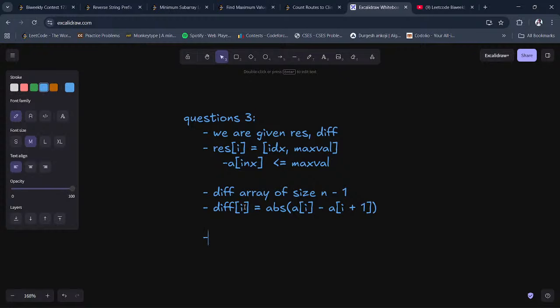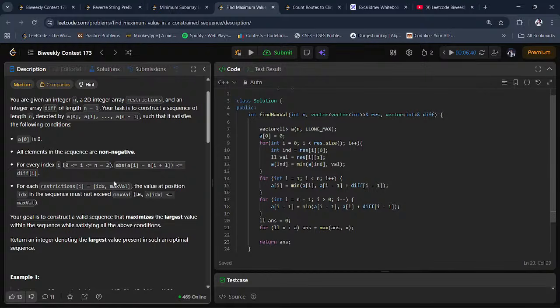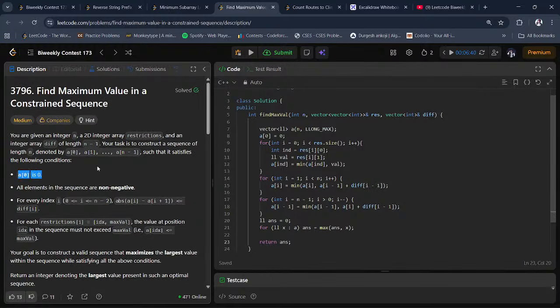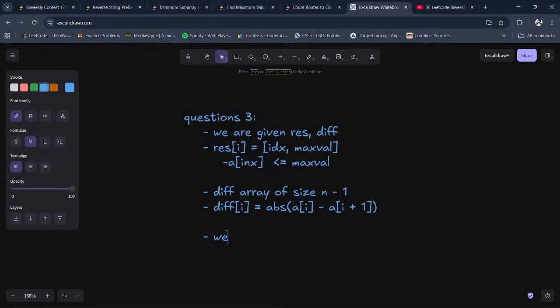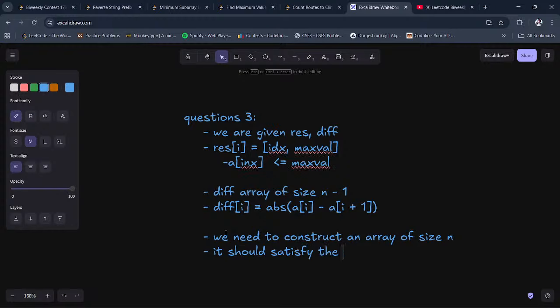So what are the other things we are given? Third question, right? A of 0 is 0. We need to construct an array of size n, so it is a part of the question. It should satisfy the above mentioned things.